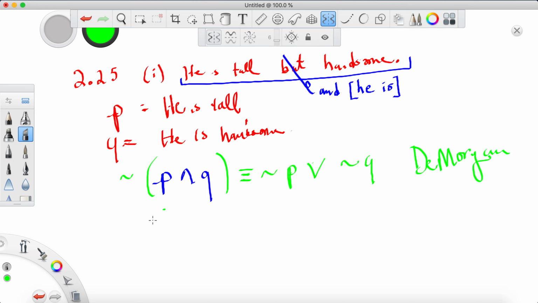So it's probably better just to say he's not tall, or he's not handsome.